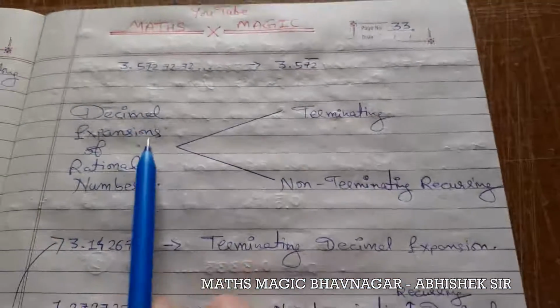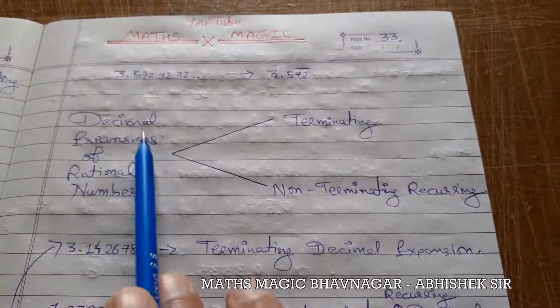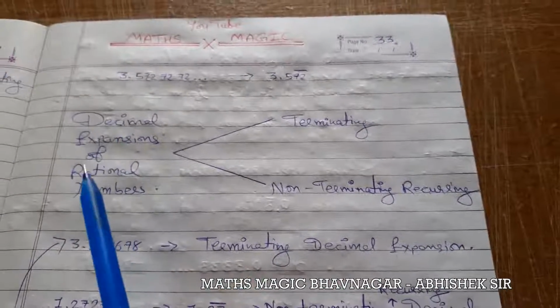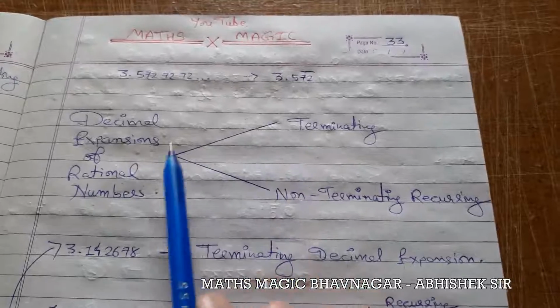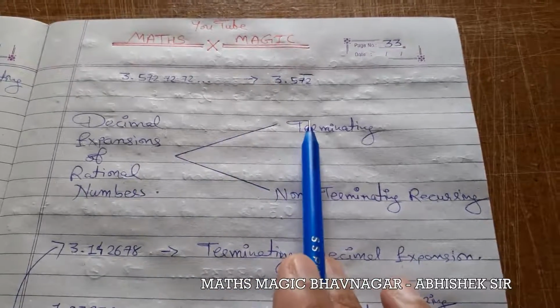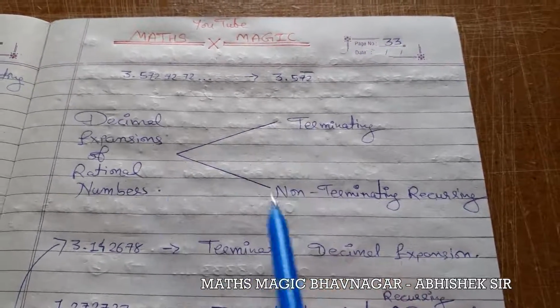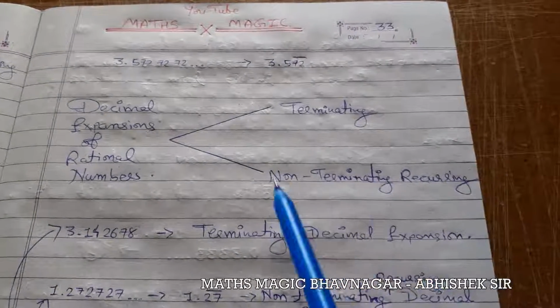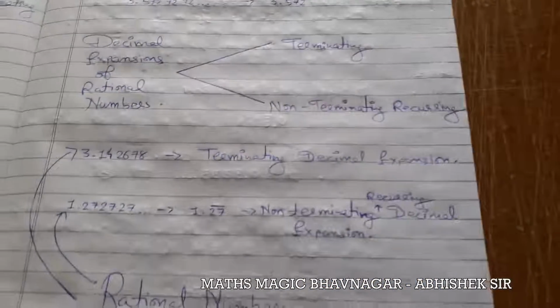Now on the basis of the above calculation, we come to know that decimal expansions of rational numbers are mainly classified into two things. First one is the terminating decimal expansion, and the second one is non-terminating and recurring decimal expansion.